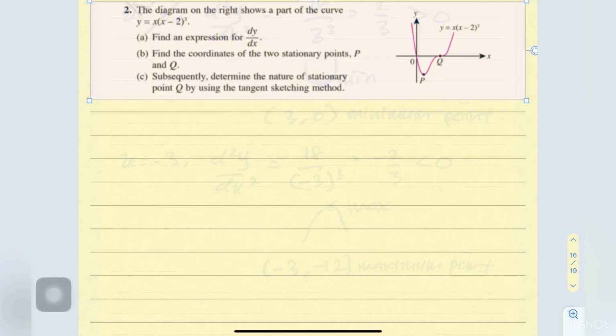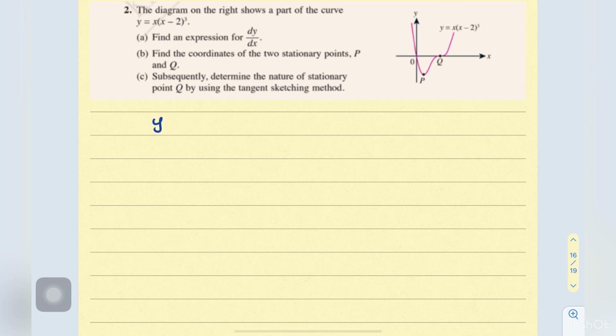Number 2, the diagram on the right shows a part of the curve y equals x times (x minus 2) cubed. A, find an expression for dy/dx. To find dy/dx, you need to use the product rule.